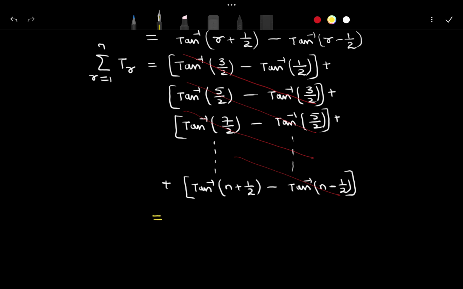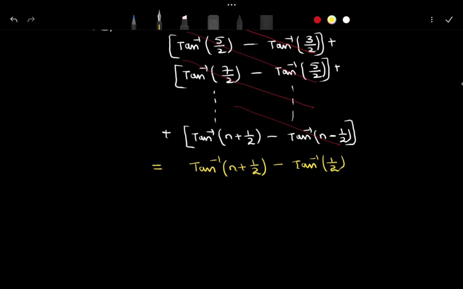The last term, tan inverse of (n plus 1) by 2, and from the first term minus tan inverse of 1 by 2. So the resultant value will be tan inverse of (n plus 1) by 2 minus tan inverse of 1 by 2.